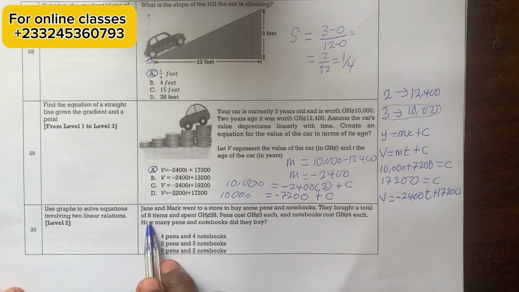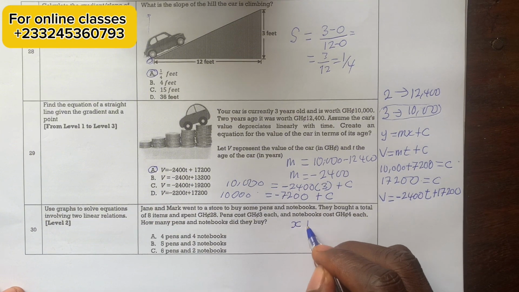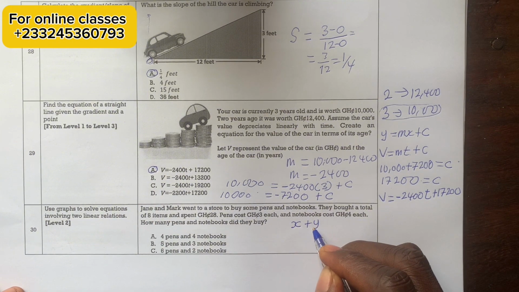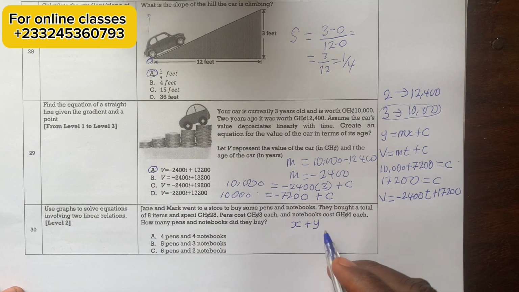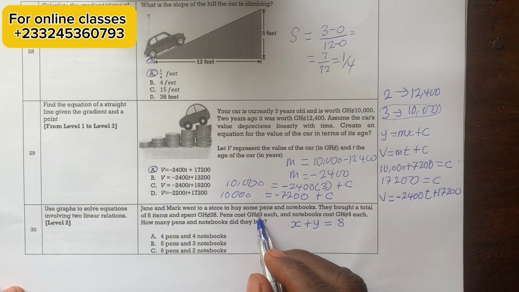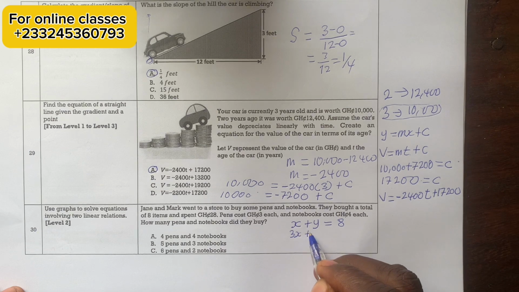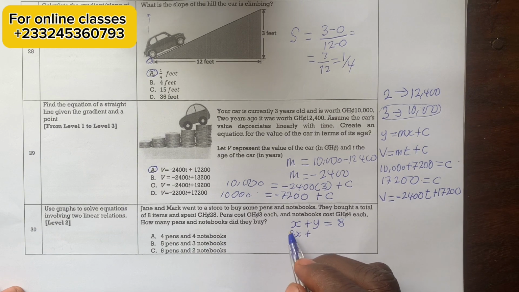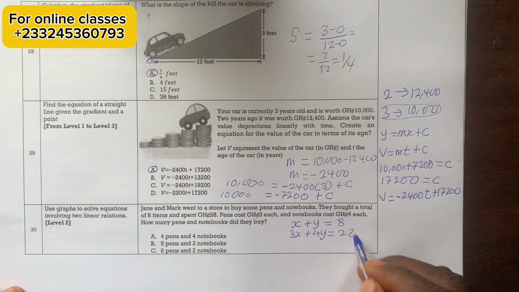So here the items are 8. So x pens plus y notebooks equals 8. Then 3 pens will cost 3x plus 4y gives 28.